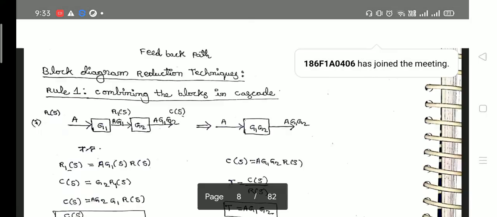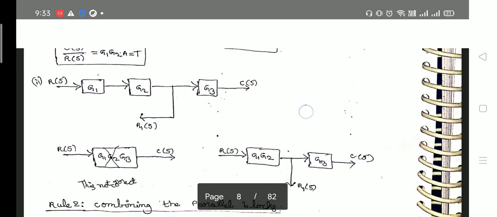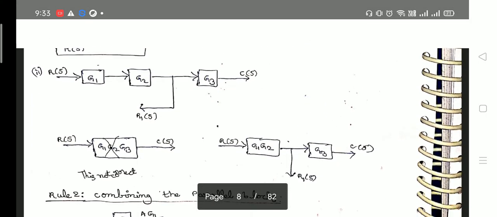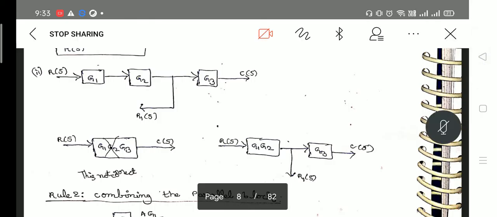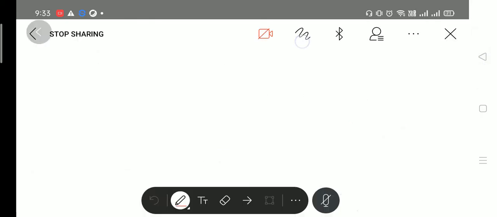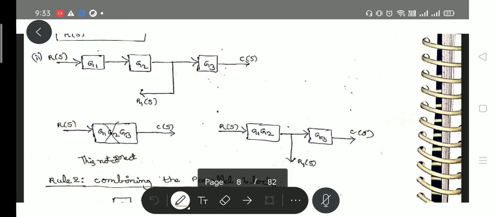Next, the second one is parallel connection. Here, this is also a cascaded connection, but can we multiply directly G1 G2 G3? Why not?